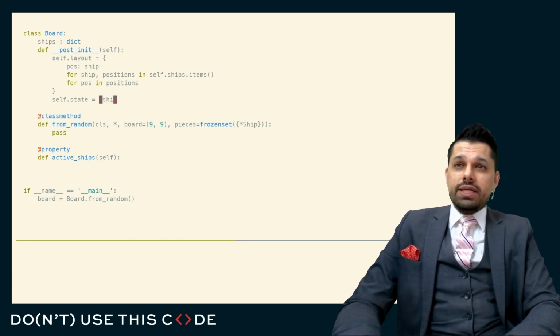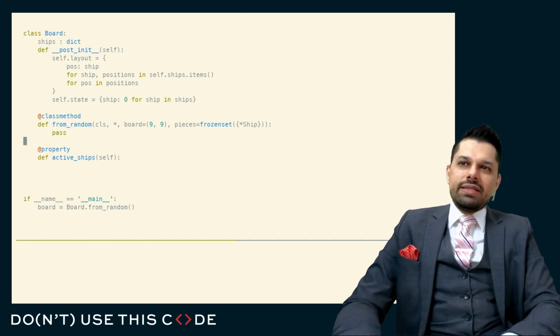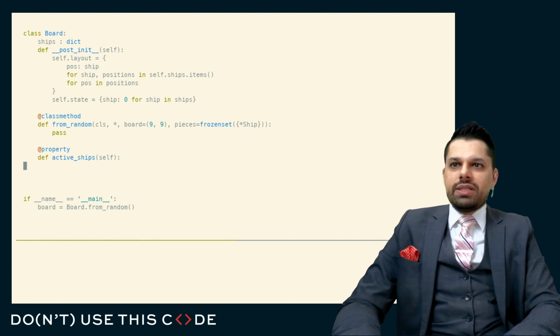So I might do something like this, ship for ship in ships, because that should be keyed on those. And then here, I'll model this to each position. It's a very simplistic modeling. You can think this is actually even a counter object, but we'll keep it simple for now.